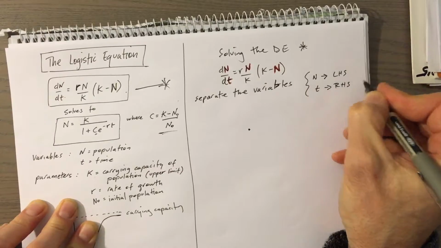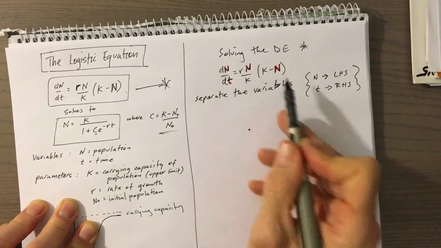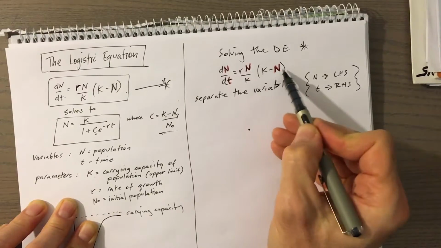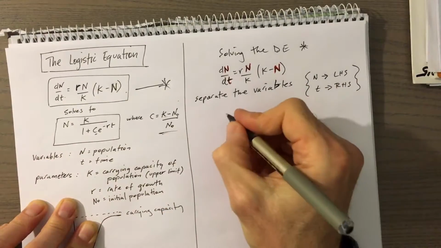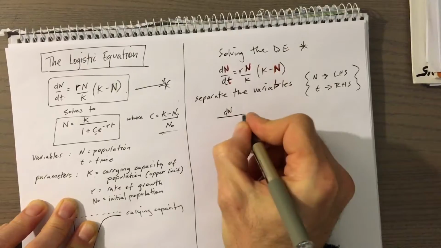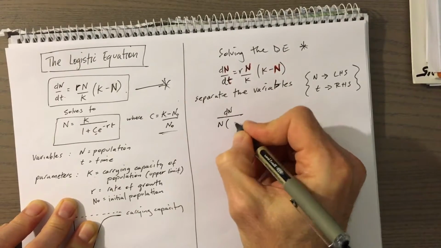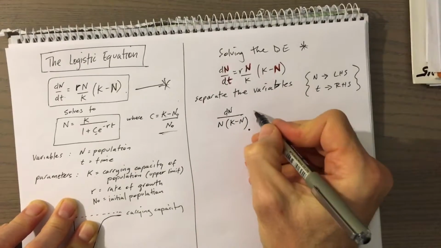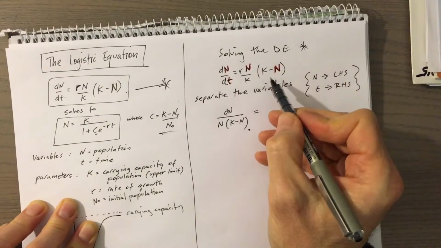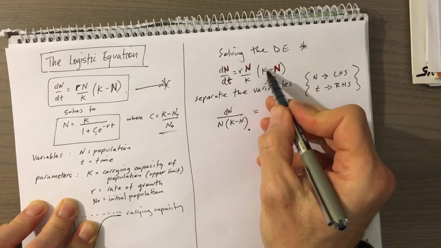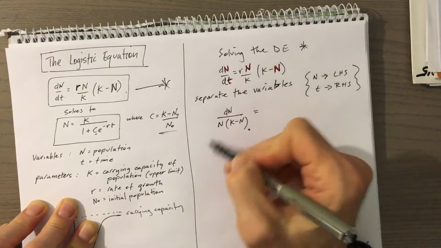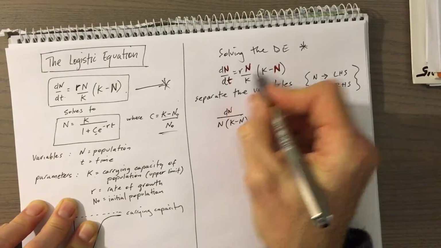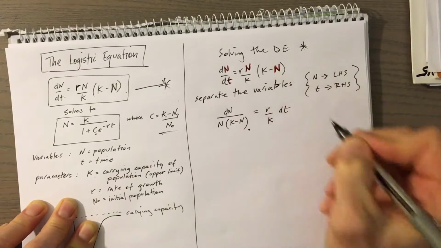So the n times (K minus N), we'll shift that over to the left, so that's going to end up like this: dN over N(K minus N). On the right-hand side, we'll have whatever's left after we've cross-multiplied, which is r over K, and then we move the dt over, so that goes up.